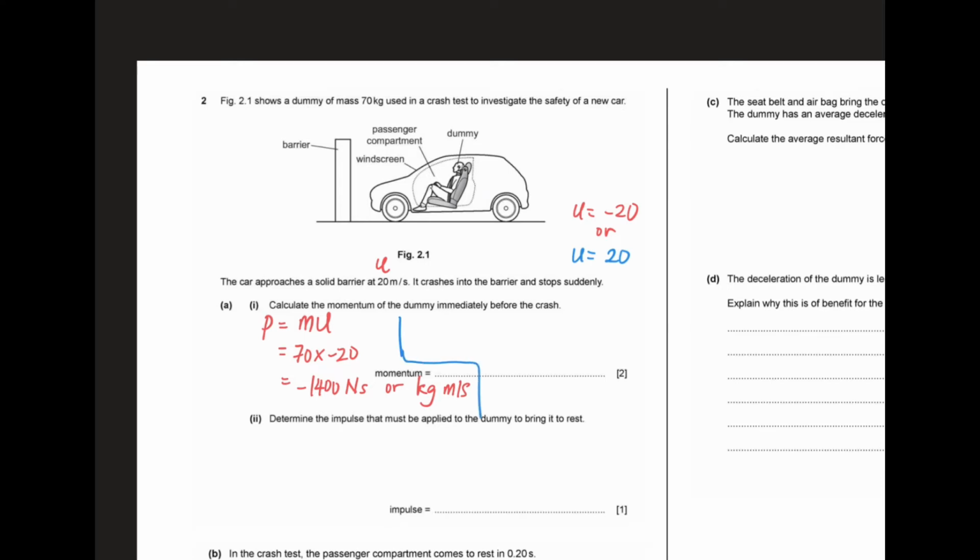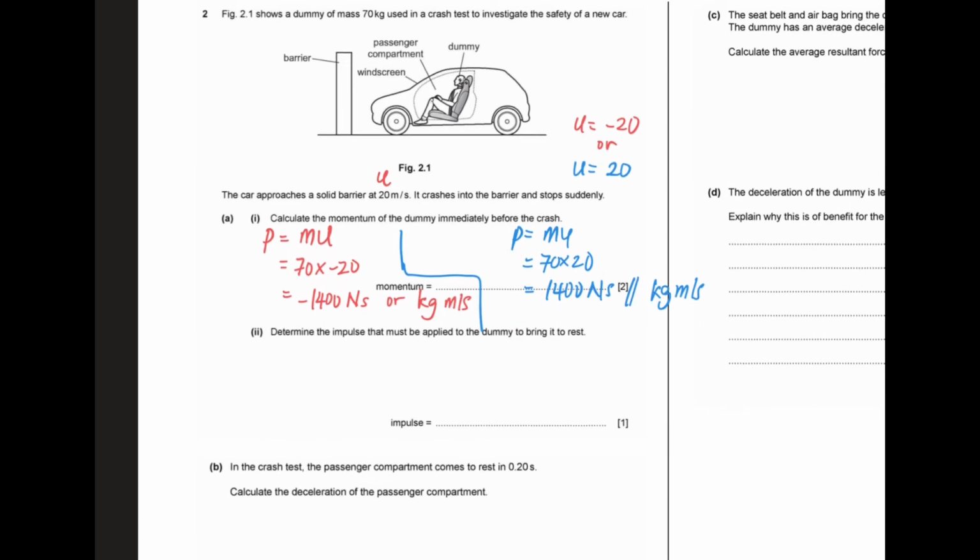And then if I follow u to be 20, so p equal to mu, 70 times 20, 1400 Newton second, or kg meter per second. Now, which one should we take?